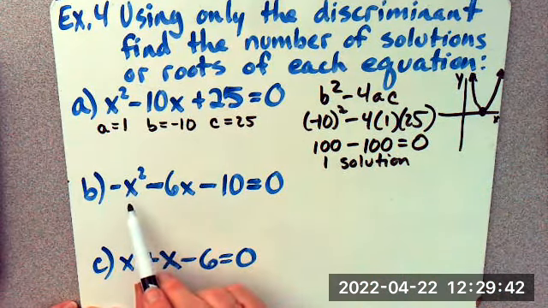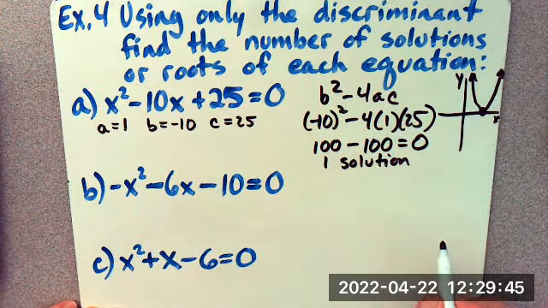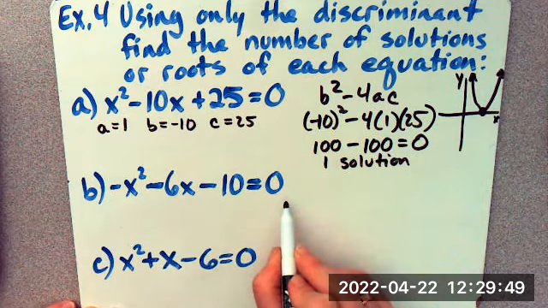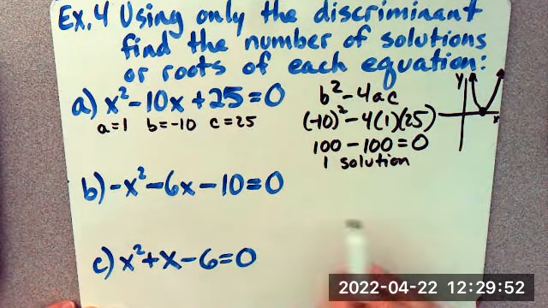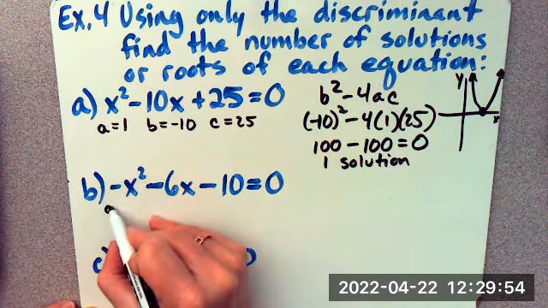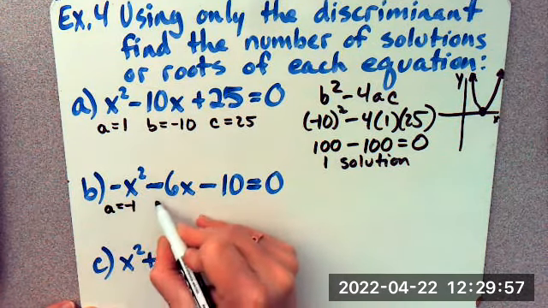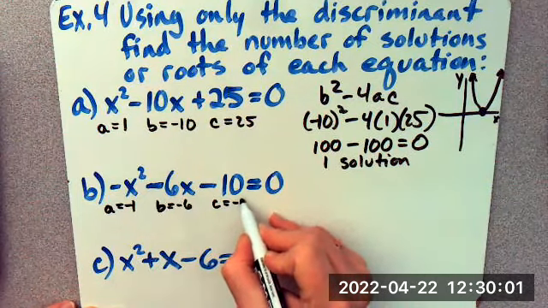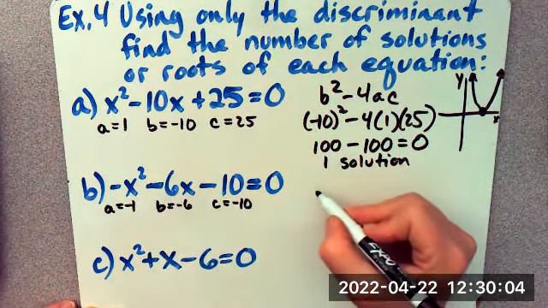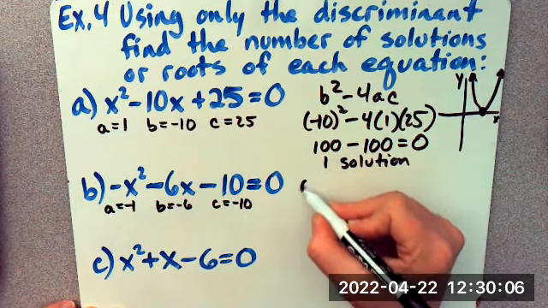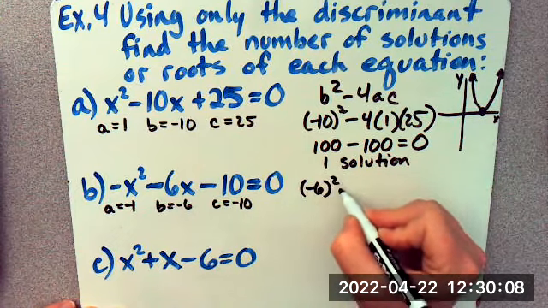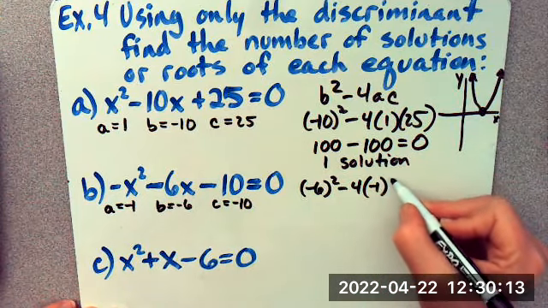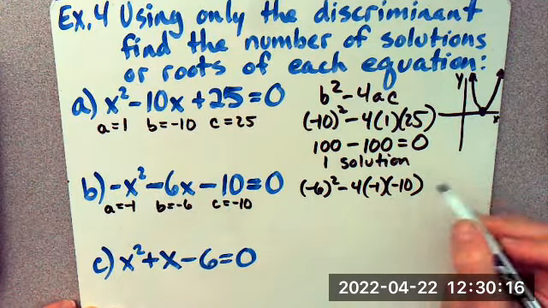So this one, we can keep all the negatives, or you can actually divide everything by -1 and make it positive. It doesn't matter. So this a here is -1, b is -6, and c equals -10. So if we put that into the discriminant, we get -6 squared minus 4 times -1 times -10.